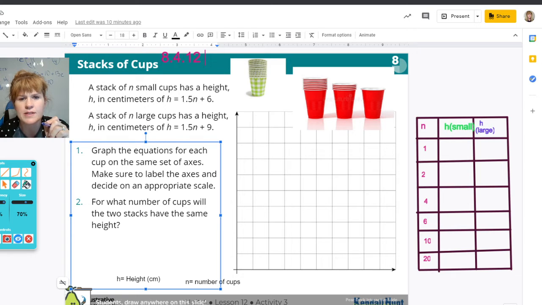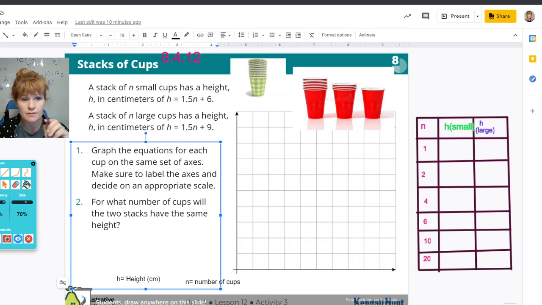And that's for a stack of small cups. Then it says a stack of large cups. A stack of n large cups has a height h in centimeters of h equals 1.5n plus 9. So they're giving you the two equations.